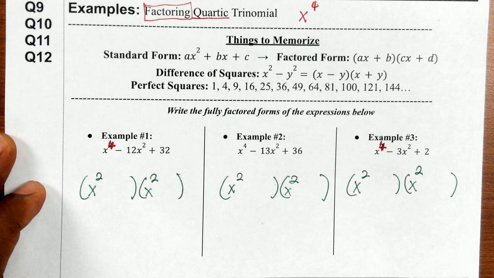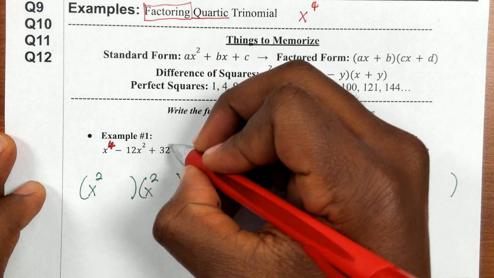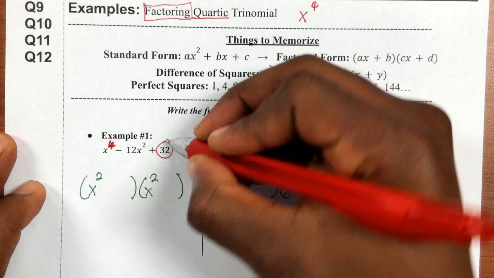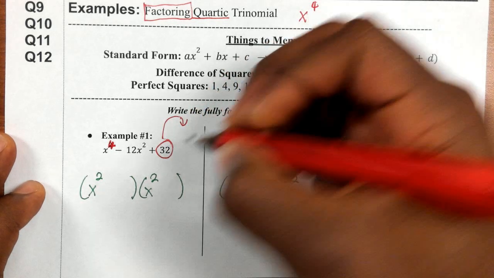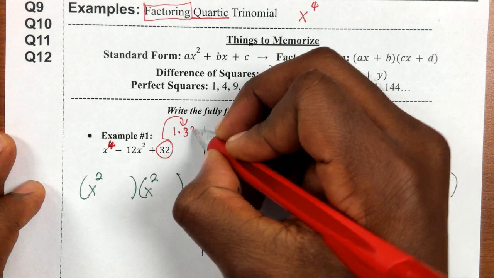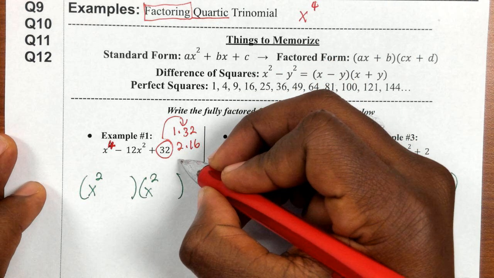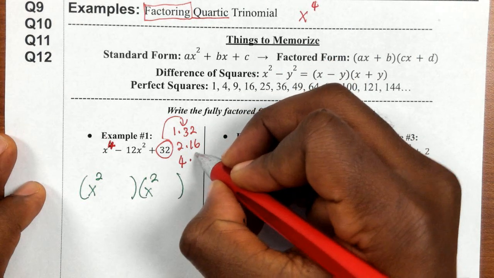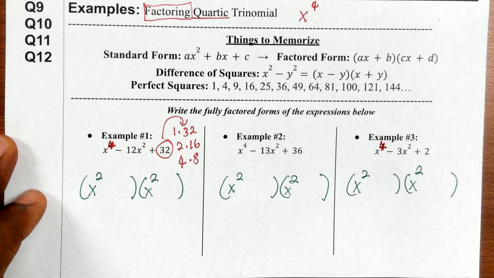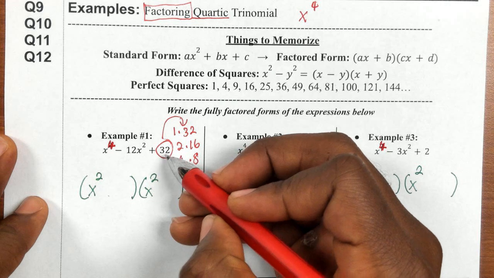Alright? So now let's factor it. Again, we're going to find all the numbers that multiply together to give me 32. Those numbers are 1 and 32, 2 and 16, 3 does not work, but 4 and 8 does. And those are all of the pairs that multiply together to give me 32.